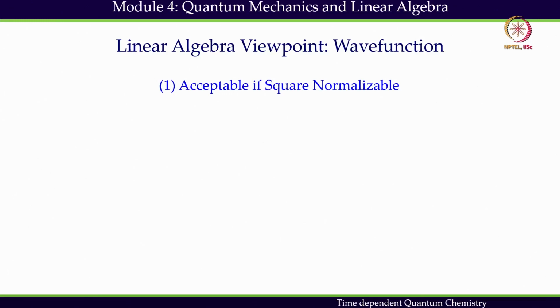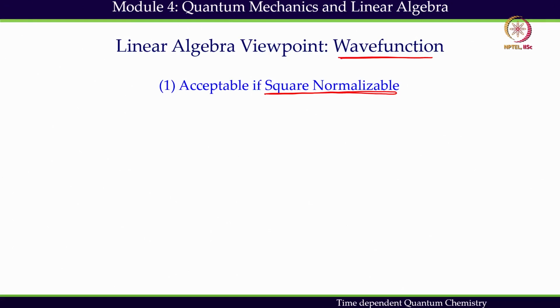So let's begin with the general properties of a function from the linear algebra viewpoint. All well-behaved wave functions which are acceptable in quantum mechanics must be square normalizable. This is something which we have used without noticing it. We have used the normalization condition. We have said that before the time evolution, we must always take the normalized wave function.